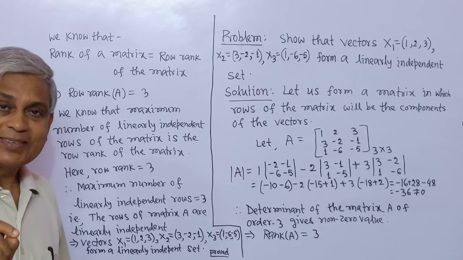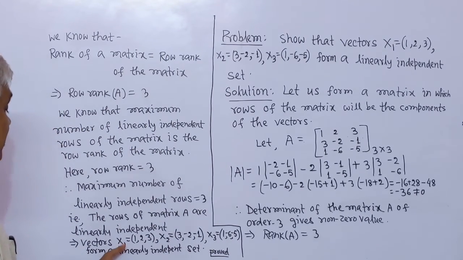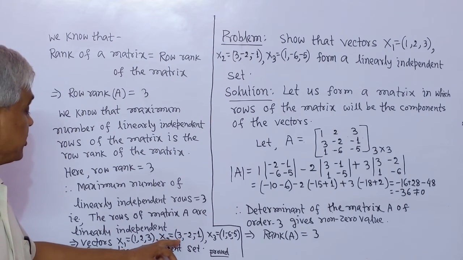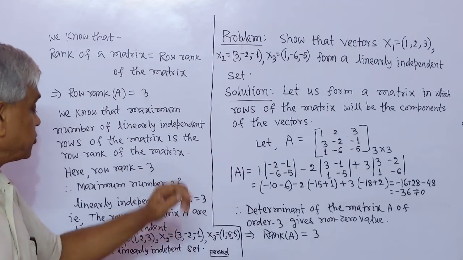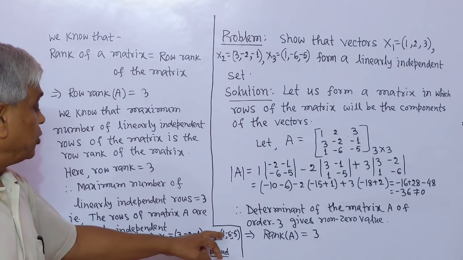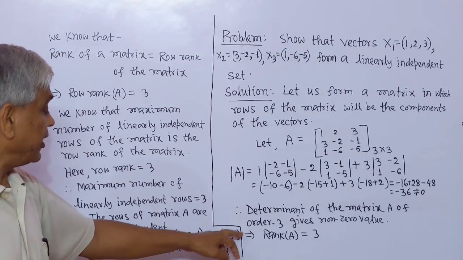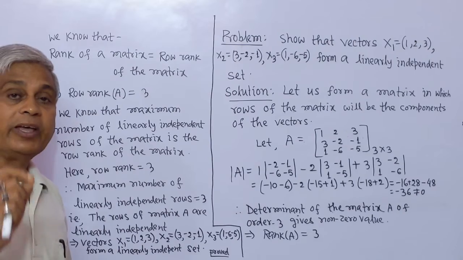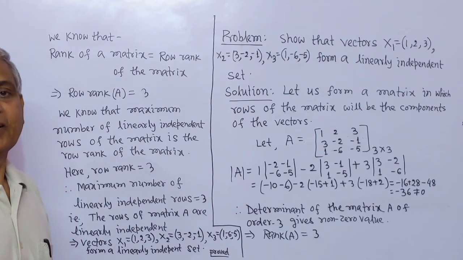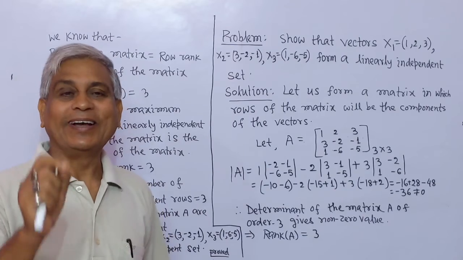This implies that vectors x1 containing components 1, 2, 3, vector x2 containing components 3, -2, -1, and vector x3 containing components 1, -6, -5 form a linearly independent set. Proved.